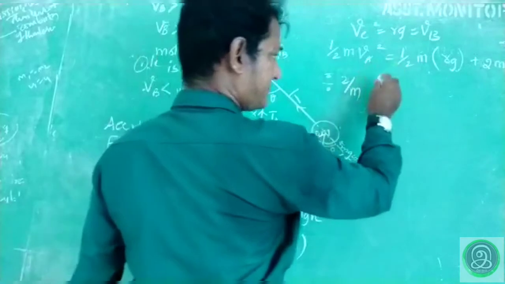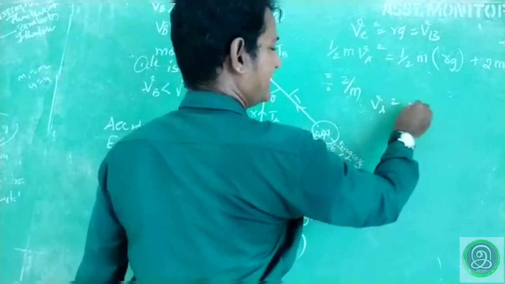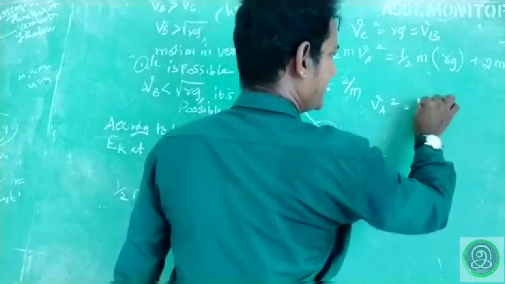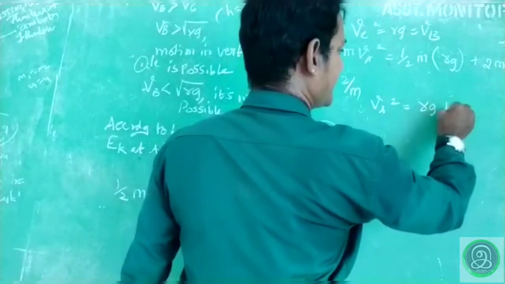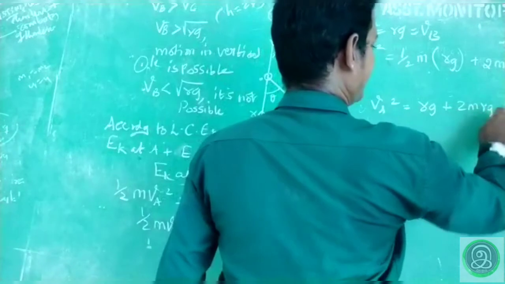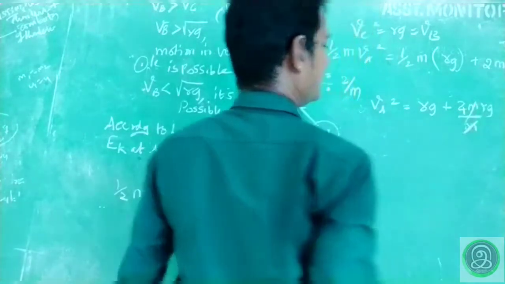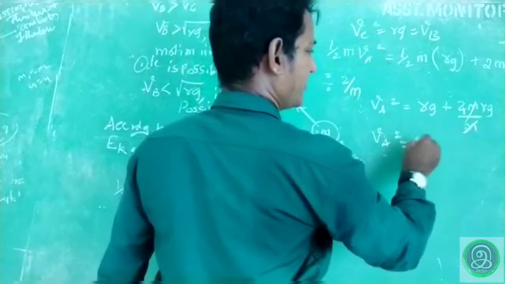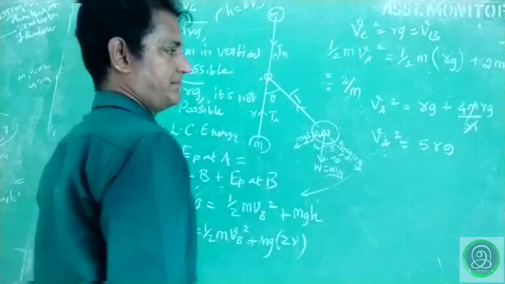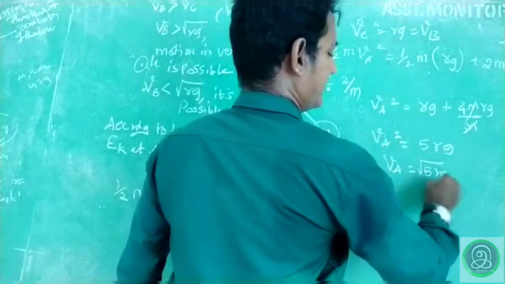So this gets cancelled, this becomes VA squared, and 2 by m into m by 2 again cancelled, so it becomes Rg, and here plus 2 into mRg by m, that is 4Rg. So VA squared is equal to 5Rg, right? So VA is equal to square root of 5Rg.